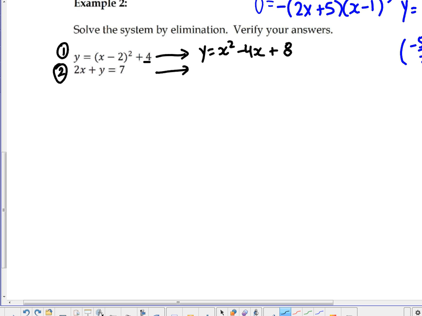What do we have to do with equation 2? Y by itself. So y equals negative 2x plus 7. Are you okay if we add in the 0x squared right now?